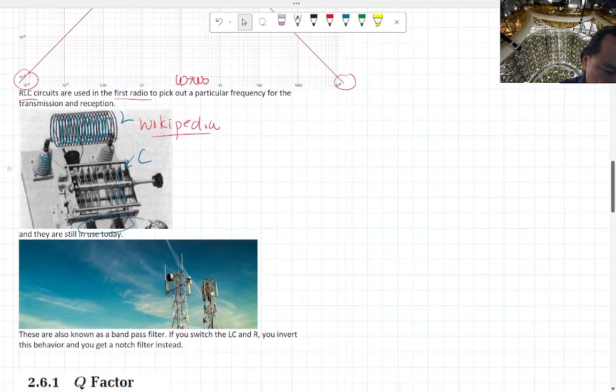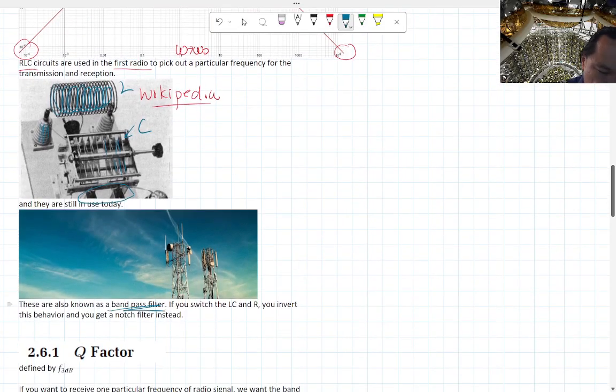And they're still used today. These bandpass filters, or resonant circuits, allow you to send and receive signal between your cell phone and your cell phone tower. Your phone has one of these in there. Actually, it probably has 4, because I think they use multi-band cell transmissions.